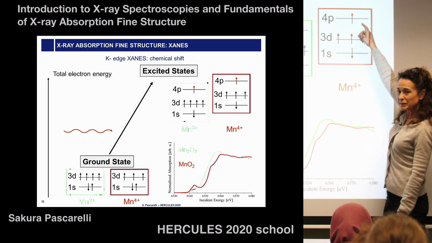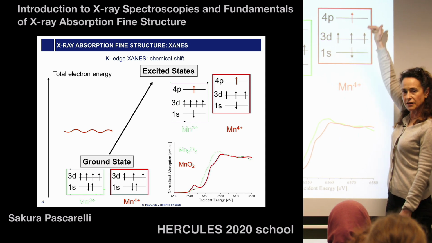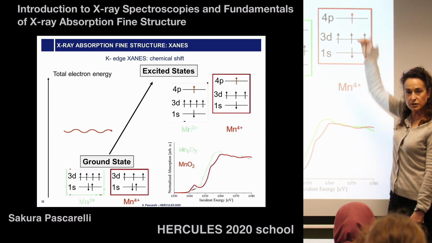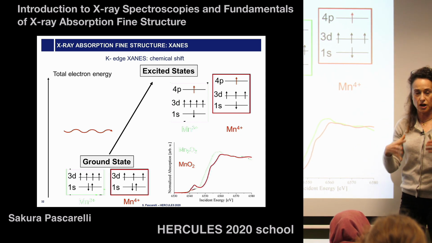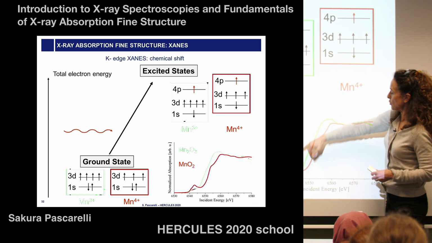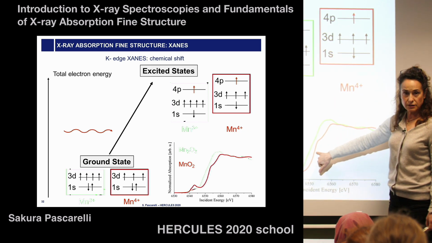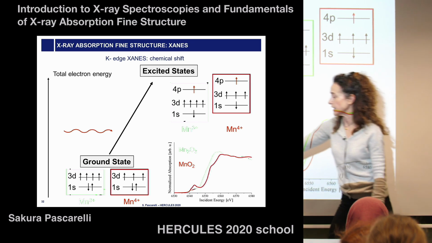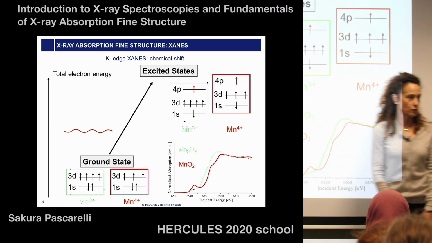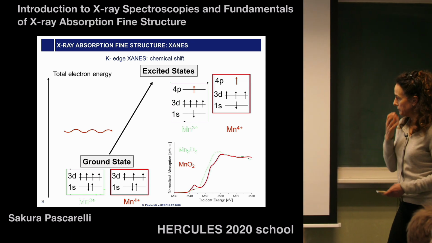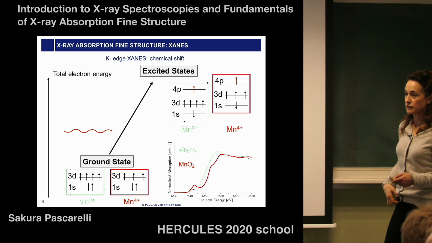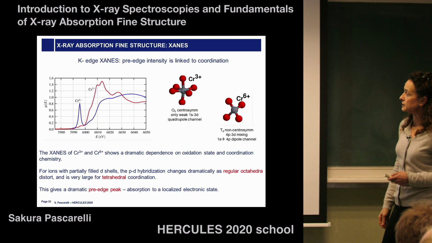And so you need a little bit more energy. This is at a higher energy, because you see a bigger positive charge. So you can look at the shift, and this shift will tell you whether you're looking at manganese 3+ or manganese 4+. So that's one thing. It tells you about the valence.